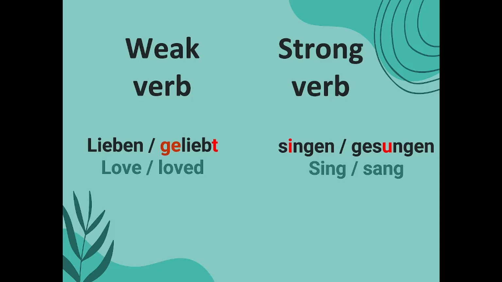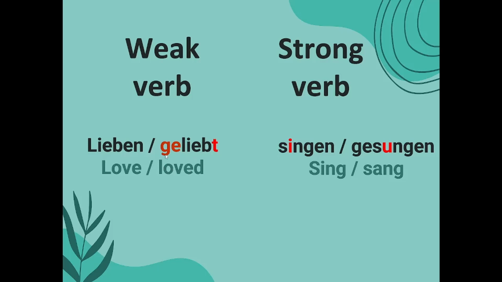So in general, the verbs are classified as weak verbs and strong verbs in German. Generally, when you want to express the present perfect tense, here for example the verb lieben, meaning love in English, and to be loved you will say loved in English.